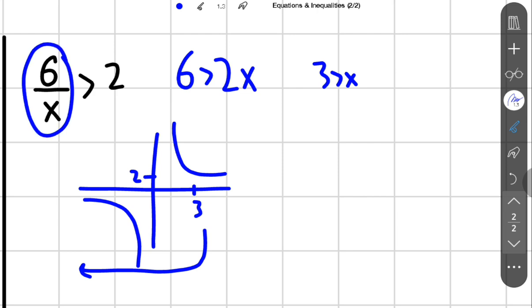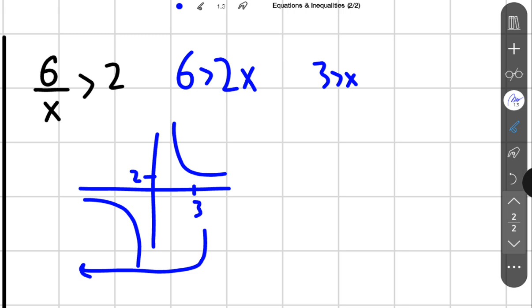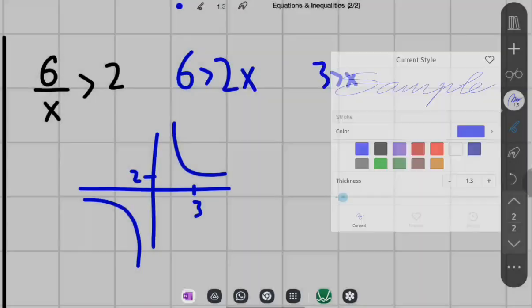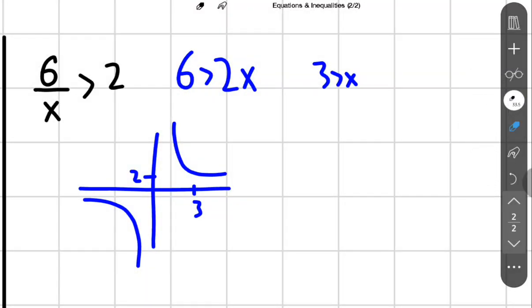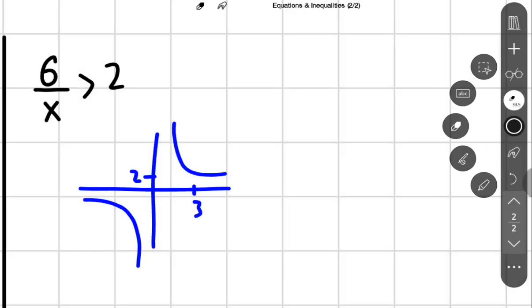If you look at the original function, these y values, which correspond to this function of 6 over x, don't actually correspond to greater than 2. So there's only a specific range of x values that correspond to this inequality. So in reality, the true answer is that you either just look at the function and deduce it from there, or you could just multiply the whole thing by x squared.